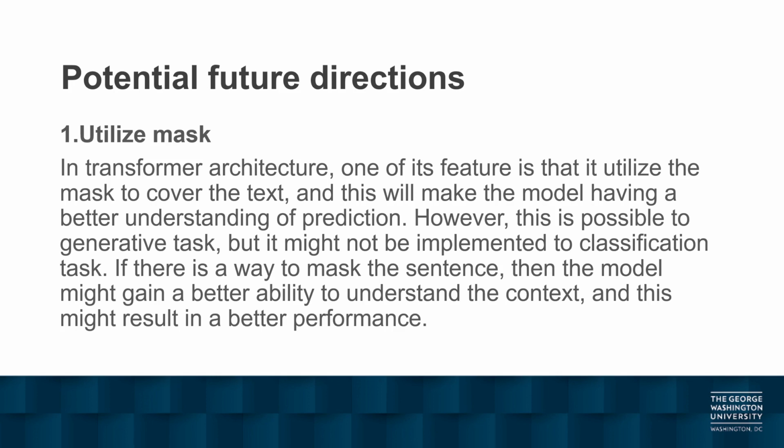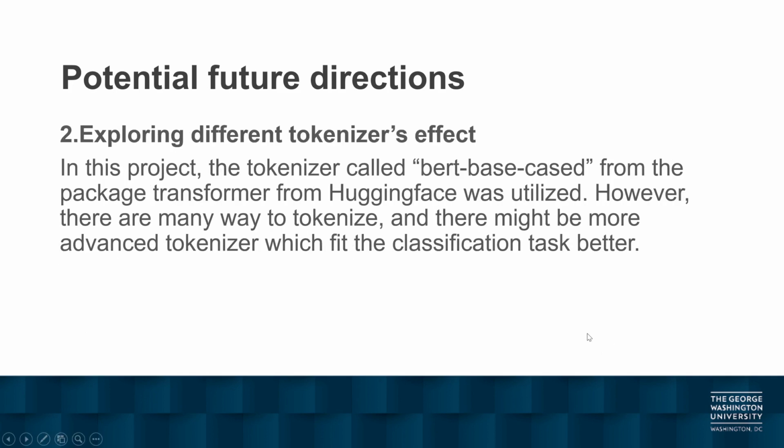I don't use the masks, and I don't know how to use that, but there might be a way that we can implement mask attention in the classification task. And maybe by utilizing the mask mechanism, we can train it to have a better understanding of the context before and the context after, and finally we'll have a better performance in prediction.